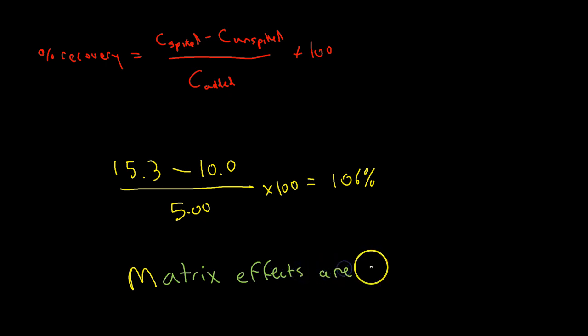In this case we have an inflated apparent concentration of our compound. And so if you want to figure out your actual one, you could use this percent recovery to get a good estimate by dividing the amount that you measured by this percent recovery. And that would be a way to compensate for it.